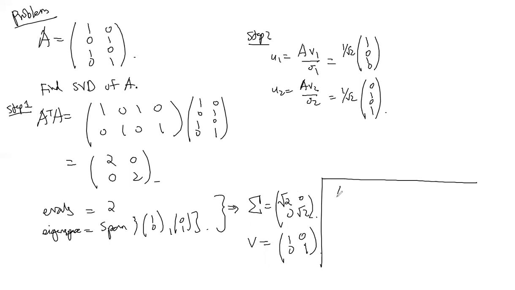Maybe we can look at A transpose A V equals lambda V and A A transpose U equals mu U. I guess what if we multiply this by A transpose on both sides?